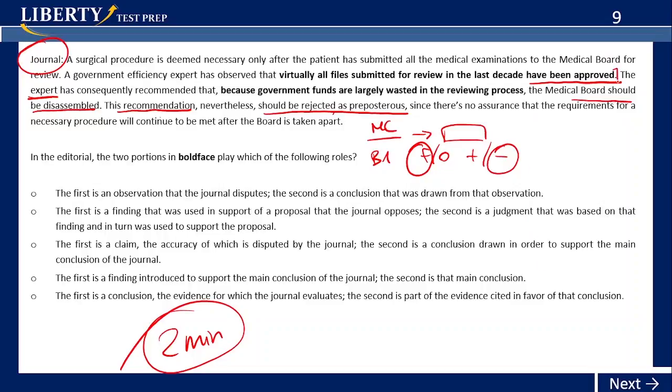Because this bold number 1 is being used to support the medical board's recommendation, you see? So it has a negative relationship to the conclusion, because we know that between the recommendation by the medical board and the journal's opinion, there is a negative relationship. So if something is being used to support a point of view that is opposite to the main conclusion, then it has a negative relationship to the main conclusion, okay?